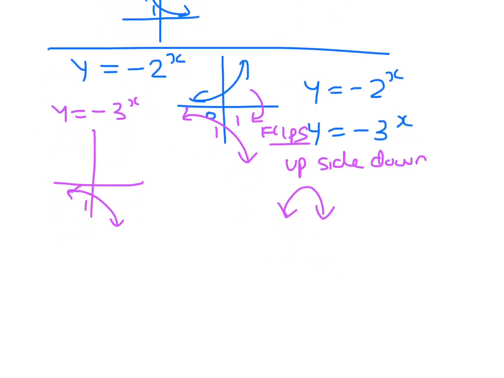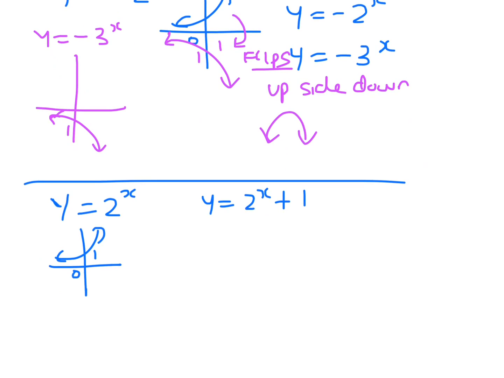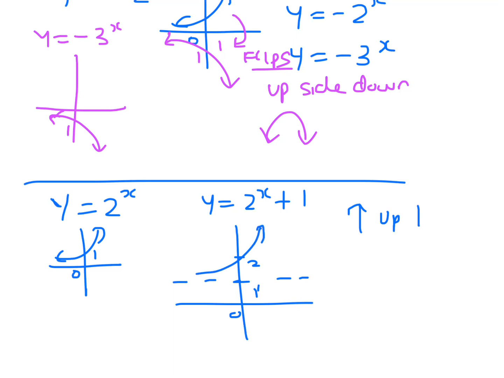And the other thing that I'd like you just to make a note of, and you can do this in your book, if I have y equals 2 to the x, like we know it's a positive 1 through 1. Now, if I added 1 to that, what that means, it will go up 1. So instead of being through 1, it'll go up 1, and it'll be through 2.